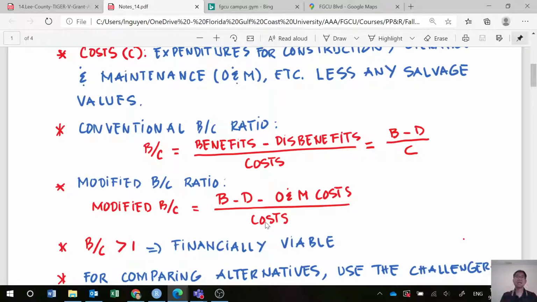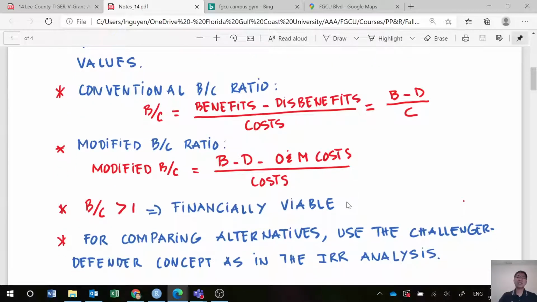But I give you two so that if you read different financial analyses of project evaluation, you can see people may use the ratio differently. Keep that in mind. Regardless, whether you use B over C or modified B over C, you should get the same conclusion about whether the project is attractive or not. And the question comes, how do we determine the project is attractive?